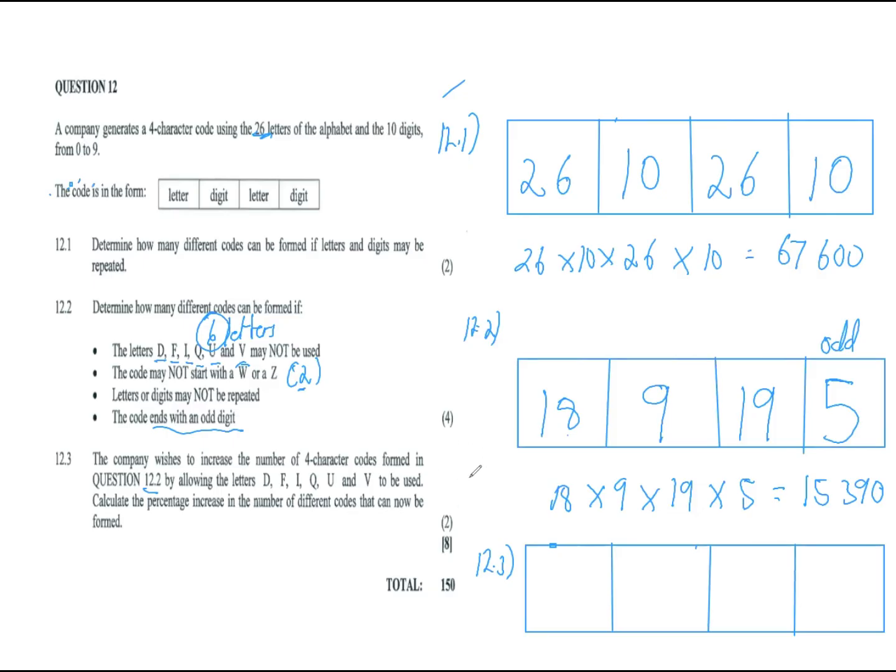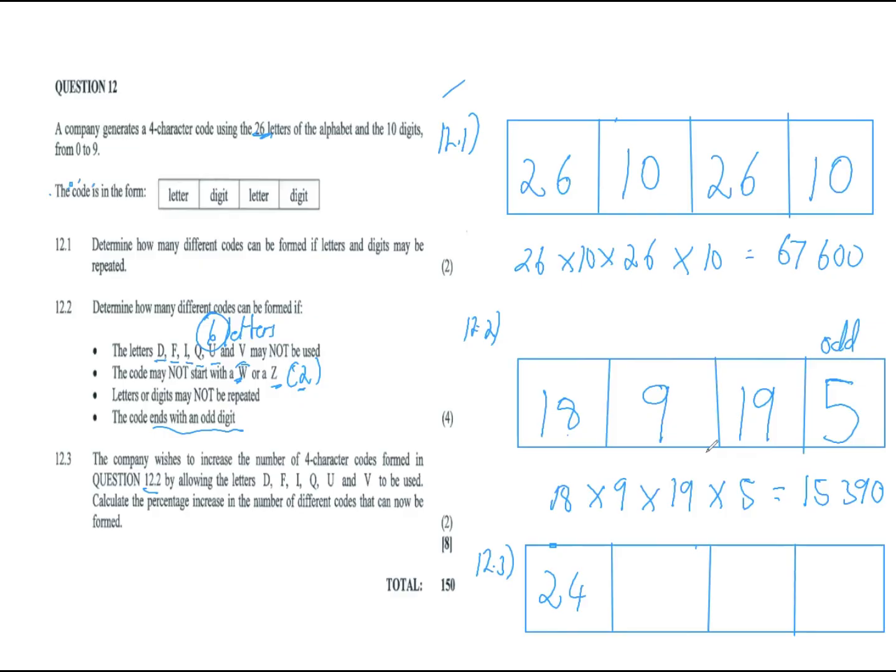So that would mean that we have what? 24. Remember the W and Z, they did not speak anything about it, right? So that means W and Z is still excluded for the first digit here, for the first block. So the code must still not start with a W or Z. So that means we only have a sample space of 24, right?